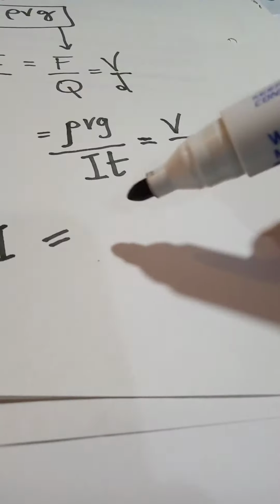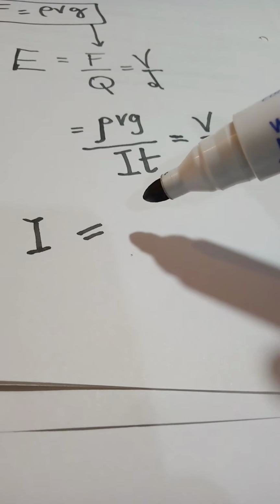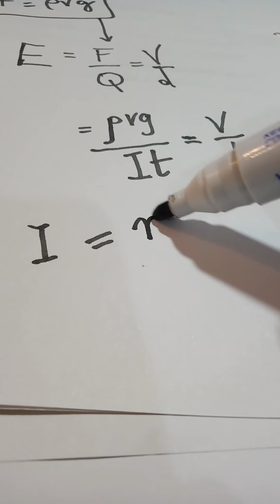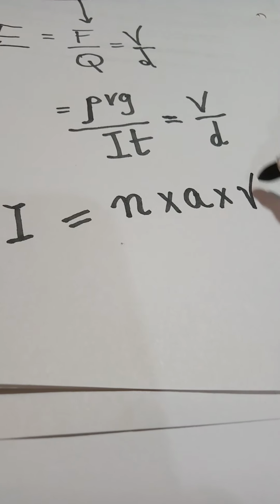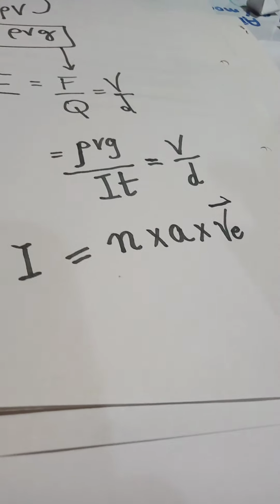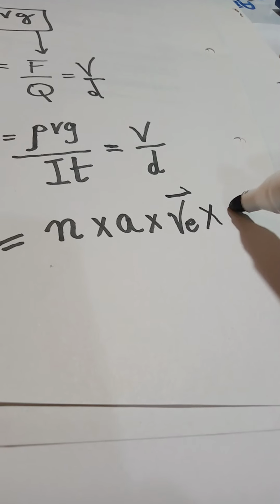We know that I, according to Drude's electron motion theory, is the number of electrons times the cross-sectional area times the velocity of each electron times the charge each electron carries.